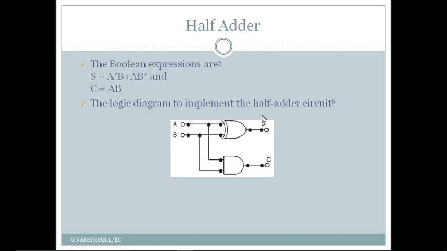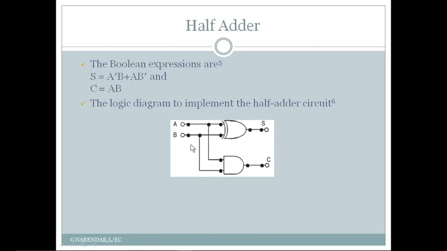So the sum function here is realized by an XOR gate whose inputs are A and B. Similarly, I can realize the carry function. Since the carry function is the same as the AND function, the carry function is realized by an AND gate when the inputs are A and B.